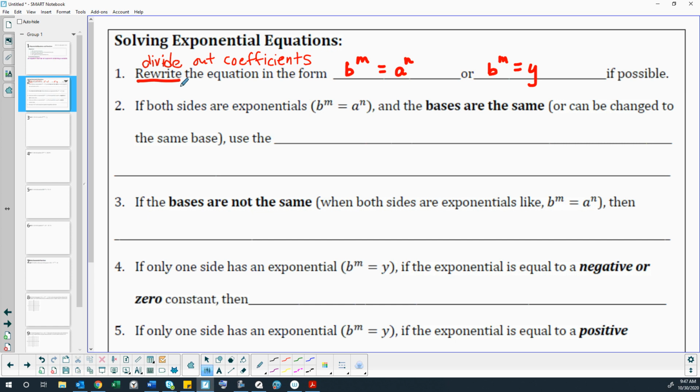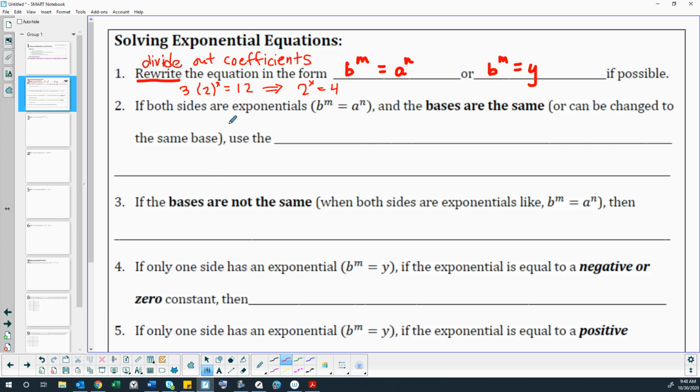For example, if I had something like 3 times 2 to the x equals 12, the first thing I would need to do is divide both sides by 3 so that I would have 2 to the x equals 4. That would be putting this in the second form, with an exponential that's equal to a constant. We've gotten rid of the coefficient in front of the exponential. That's the important part of step 1.